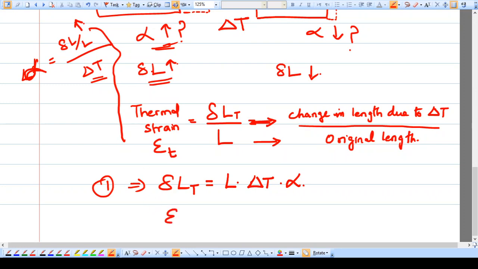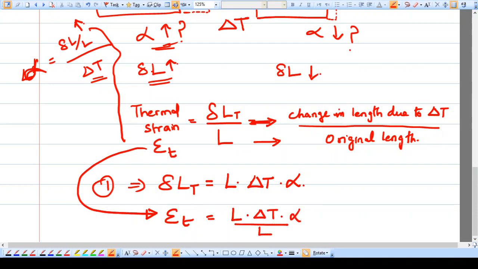So this thermal strain equation can be rewritten as L delta T alpha by L. L gets cancelled, and finally you have alpha into delta T. Thermal strain is given by the product of the coefficient of thermal expansion and temperature change.